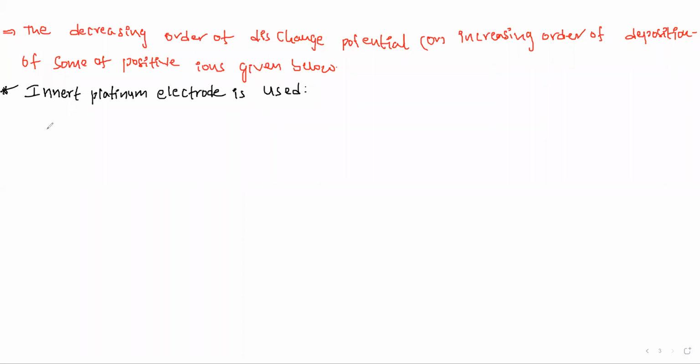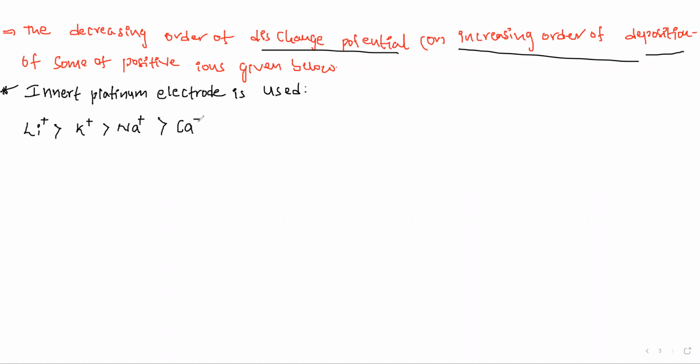Li plus is greater than K plus, and greater than Na plus. So this is the decreasing order of discharge potential and increasing order of deposition. Then Ca plus 2, next Mg plus 2, and next Al plus 3.